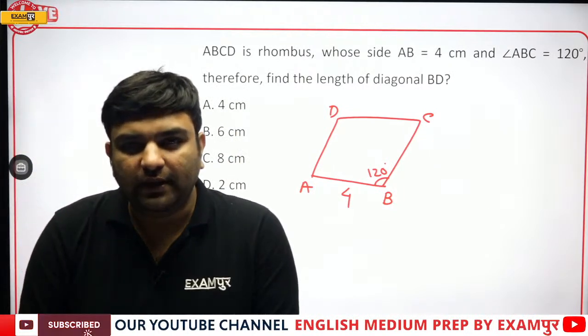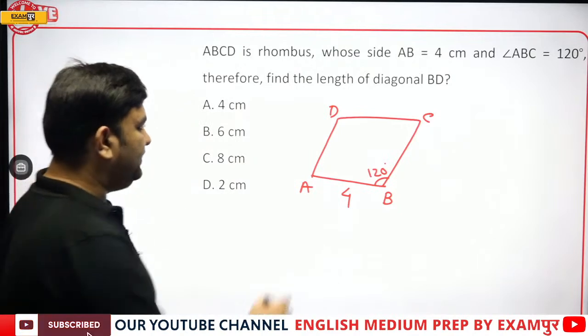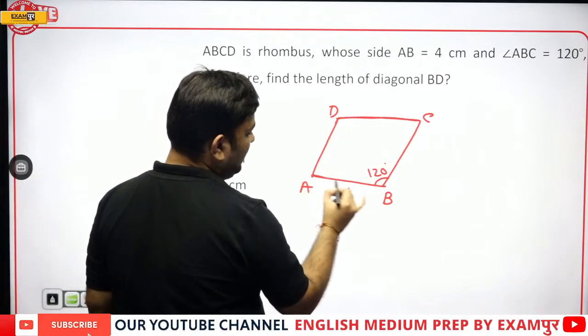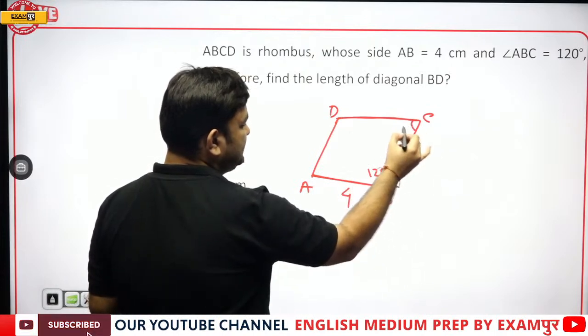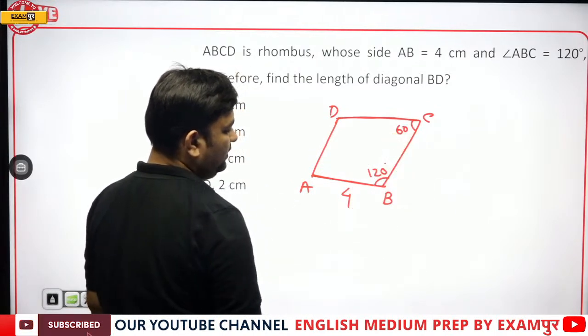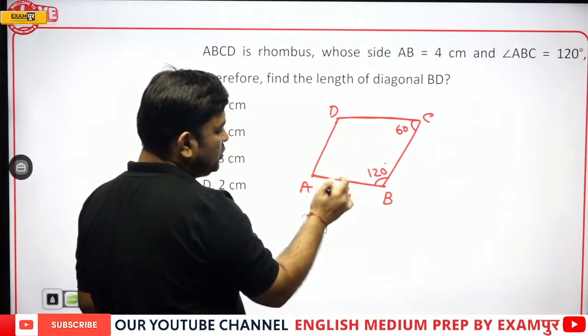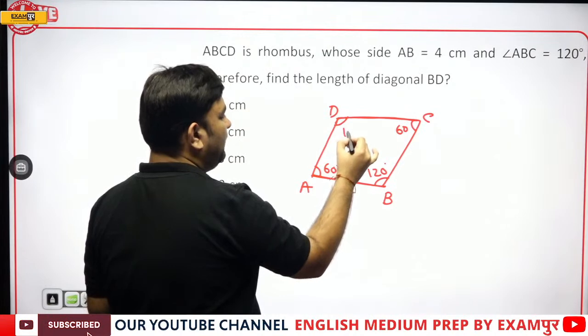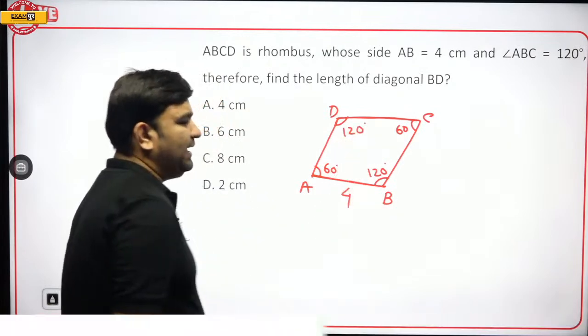So if they are parallelograms, parallelogram means these two sides are parallel. If this angle is 120, this is 60. These two are also parallel. If this is 120, this is 60. So opposite angles are equal.